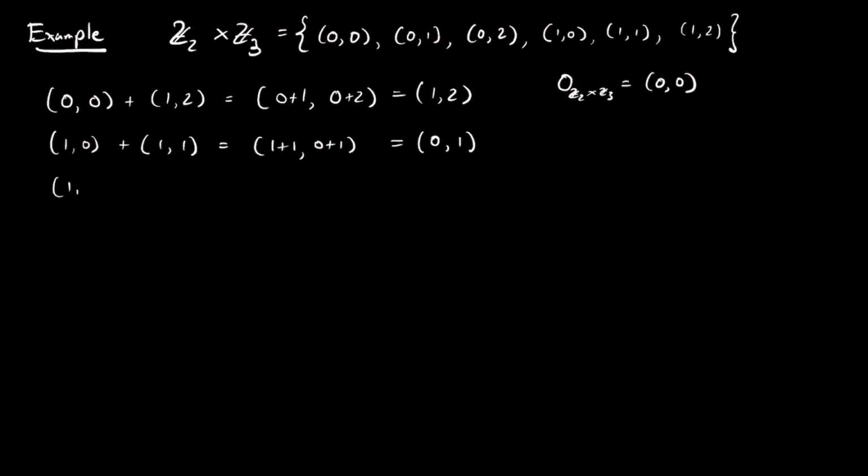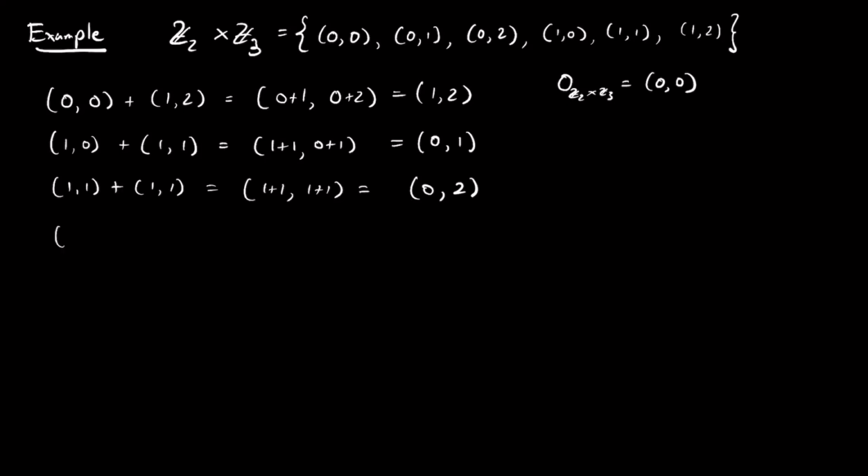I can also do something like (1,1) plus (1,1). So this is going to be 1 plus 1, 1 plus 1. And again, 1 plus 1 in Z mod 2 is 0, and 1 plus 1 in Z mod 3 is 2. So the first entry, the addition is taking place in Z mod 2. The second entry, the addition is taking place in Z mod 3. Okay, what else can we do?